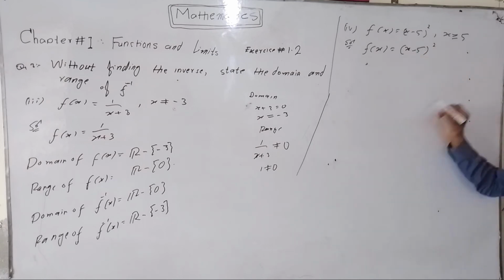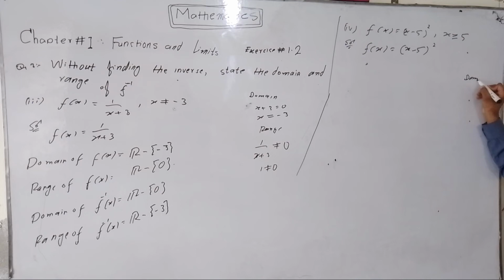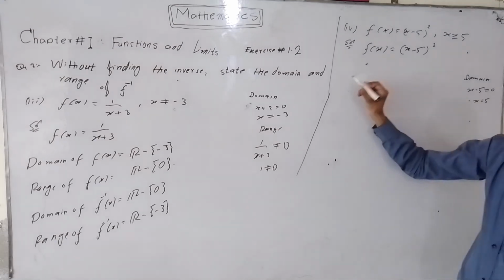In case of domain, it is already given x greater than or equal to 5. It means x minus 5 is equal to 0, x is equal to 5.